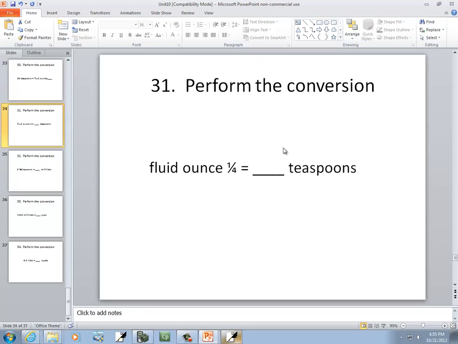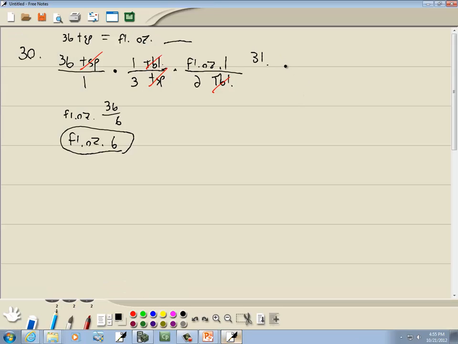We got fluid ounces, 1/4. Let me put 1/4 here, blank teaspoons. So I got fluid ounces, and I'll change that to 0.25, put over 1. Fluid ounces is there, fluid ounces is here. And I think we just said this, didn't we? We can tie fluid ounces to tablespoons. So 2 tablespoons is 1 fluid ounce.